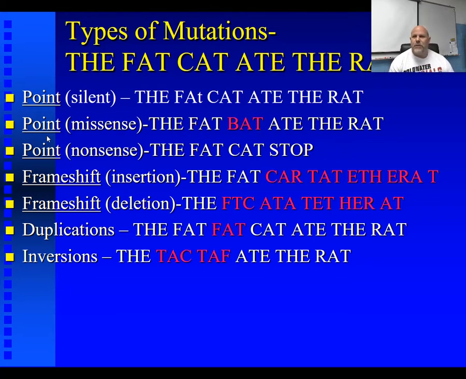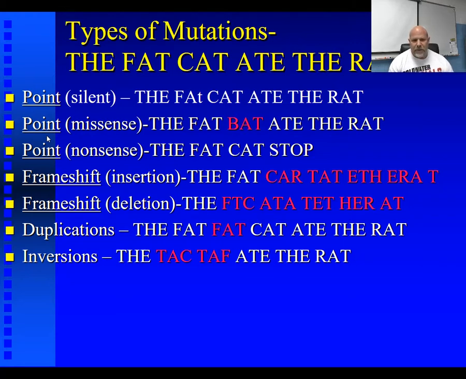All of the new variations that we find in nature that are unique and new and have not been seen before, almost all of those are caused by point mutations. So point mutations are what allow evolution to be successful. Then you have point nonsense mutations.